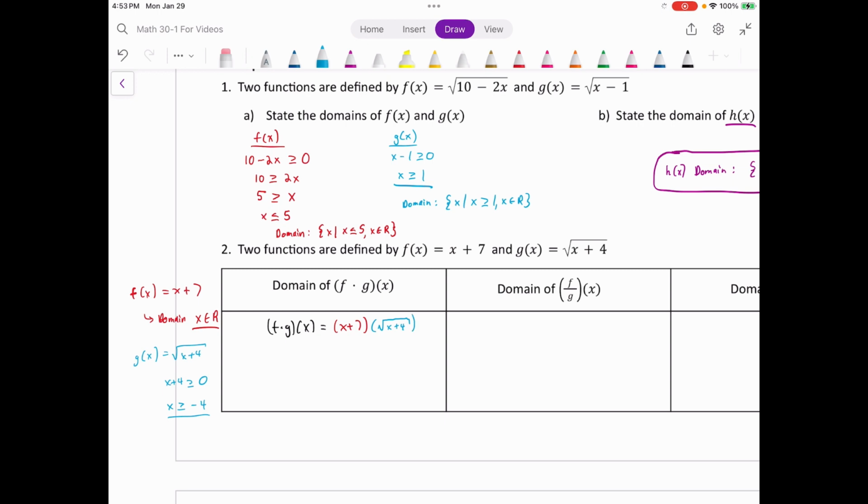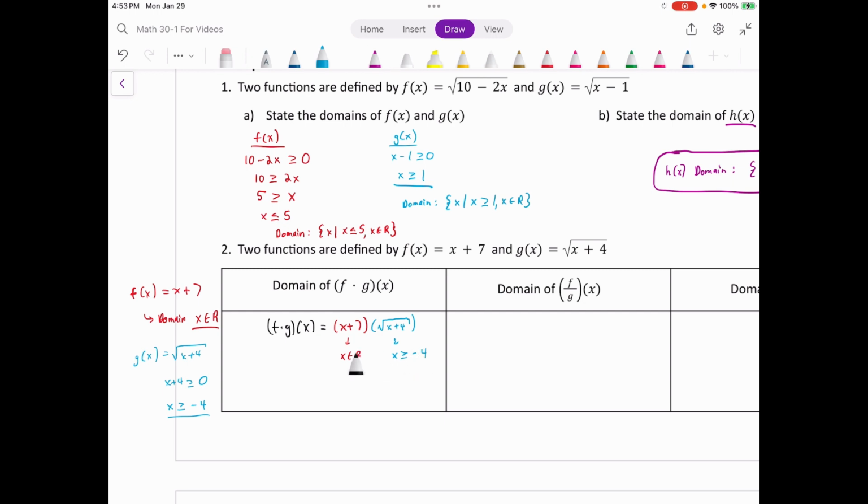This has the domain x could be any real number. This has the domain x must be greater than or equal to -4. So you can probably see that our restriction on our combined domain is just going to be x needs to be greater than or equal to -4.